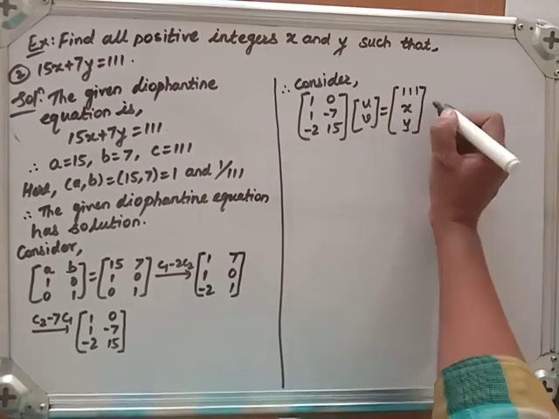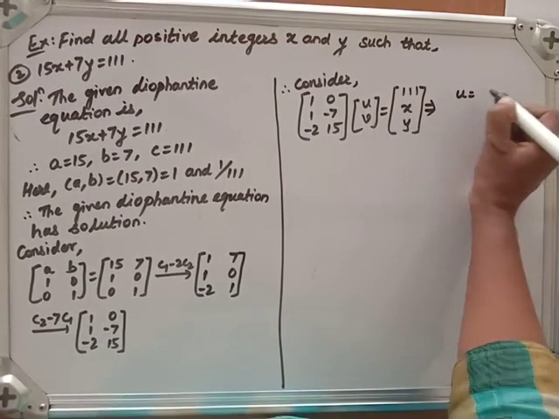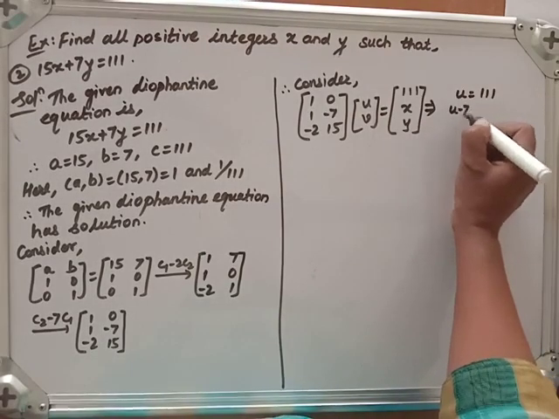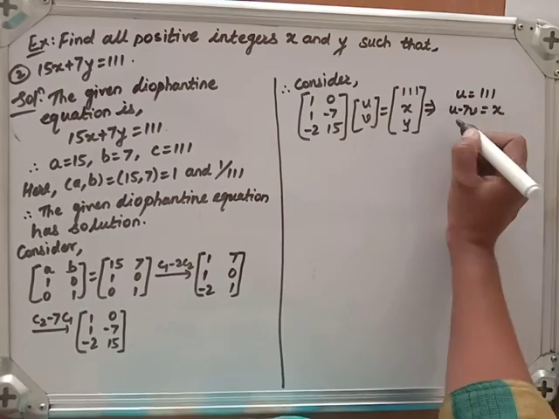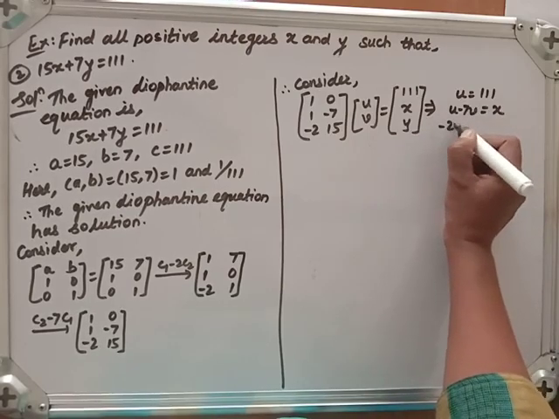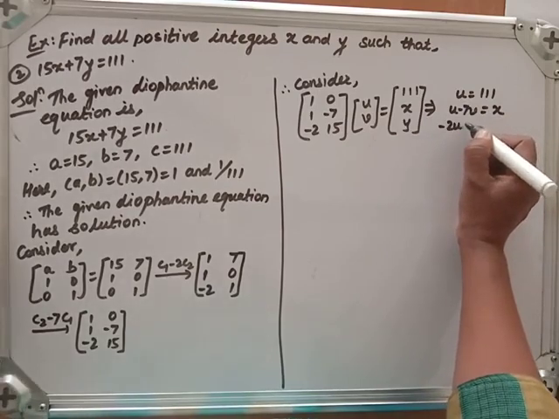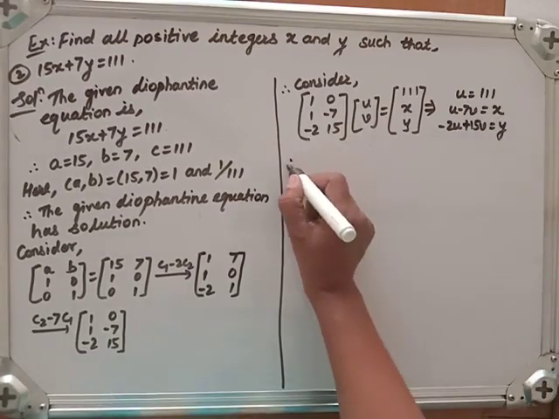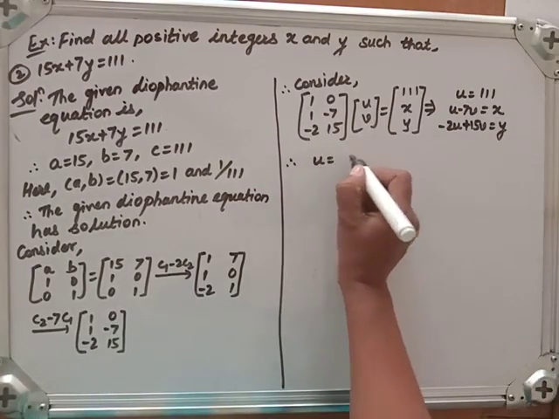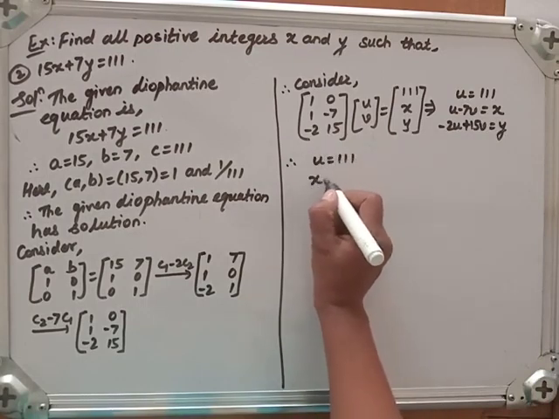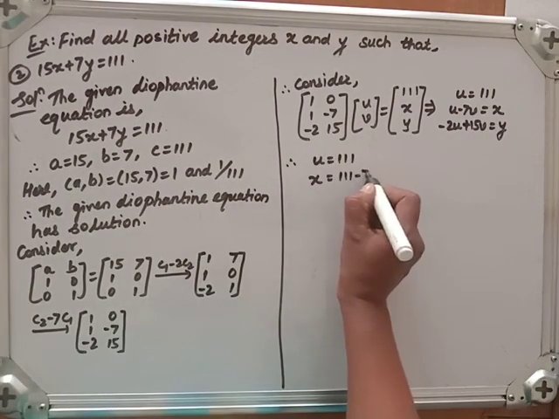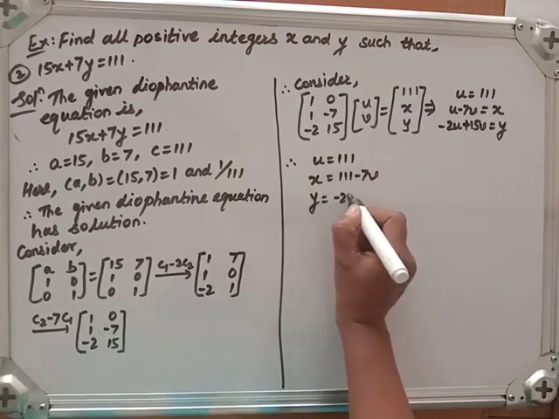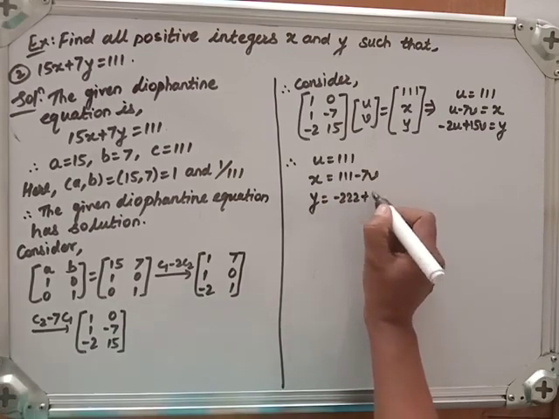So this gives u equal to 111, then u minus 7v is equal to x, and minus 2u plus 15v is equal to y. Therefore u is equal to 111, x equal to 111 minus 7v, and y equal to minus 222 plus 15v.